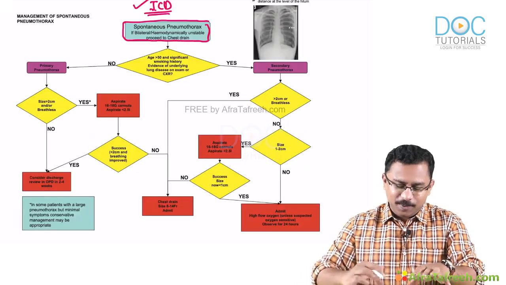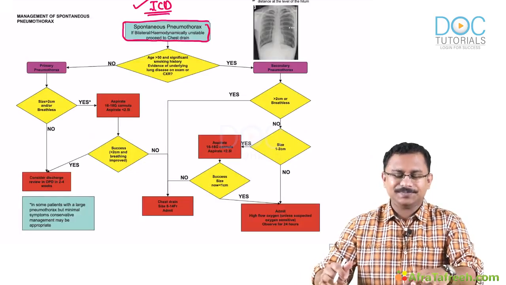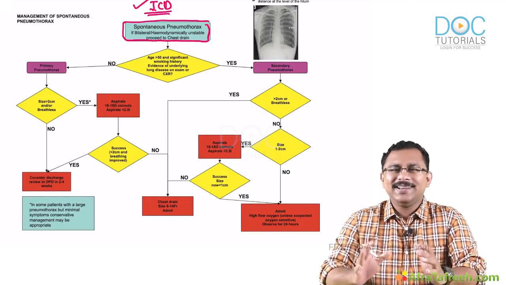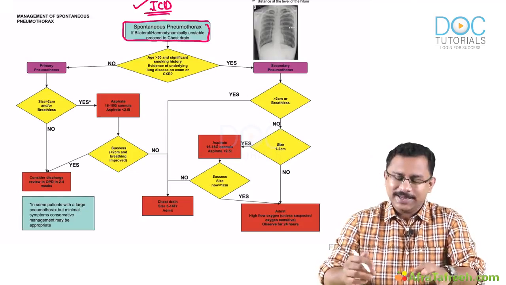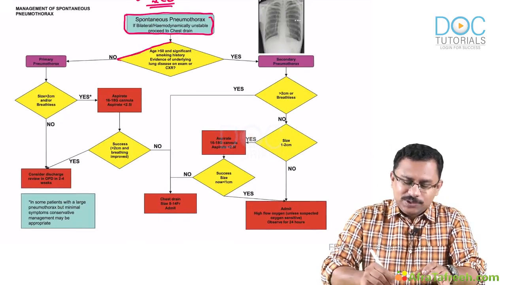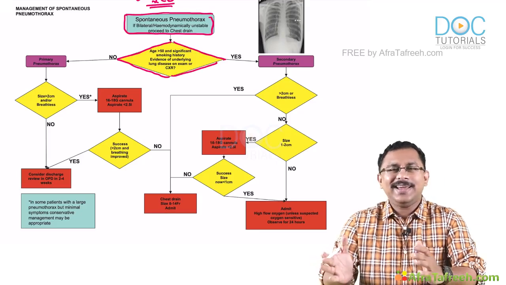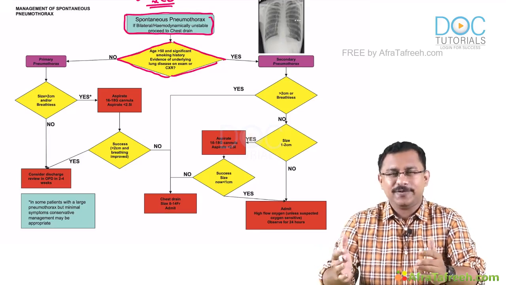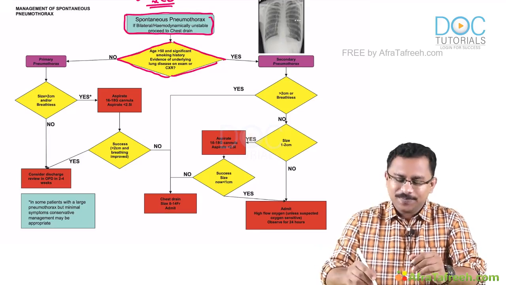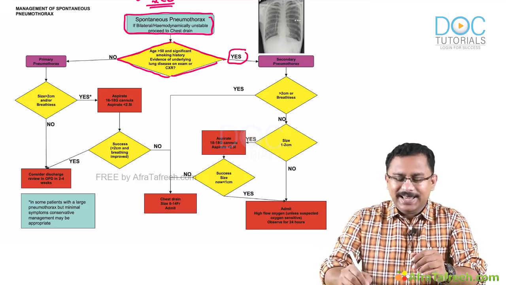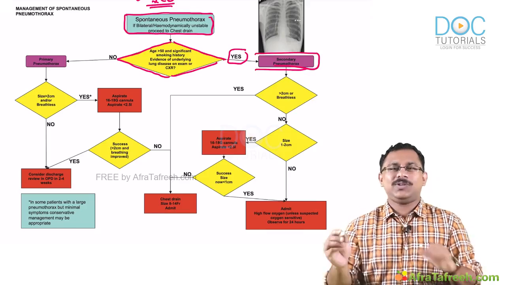The next point is, suppose the patient is not in any significant hemodynamic compromise, and your patient is above 50 years and already has some underlying lung disease, for example COPD. In that case, he is likely to have what? A secondary pneumothorax.